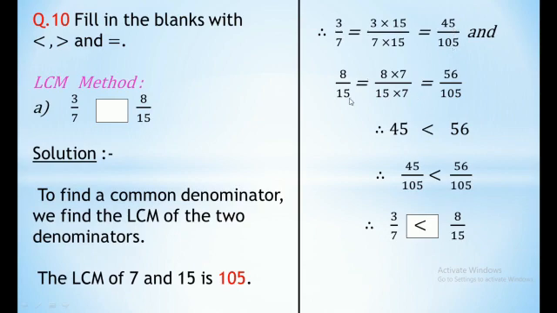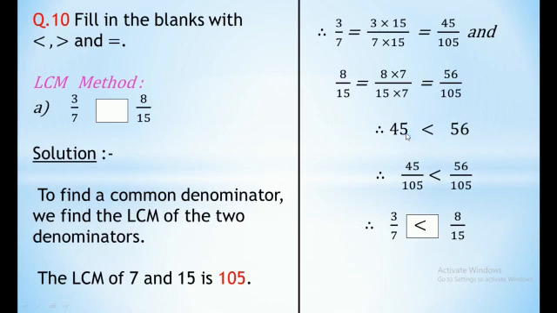Then 8 by 15. Here, 8 sevens upon 15 into 7. When we multiply 15 and 7, we get 105 as the denominator. And here 8 sevens are 56. Now we got two fractions, 45 upon 105 and 56 upon 105, both having an equal denominator. So now we can compare their numerators.